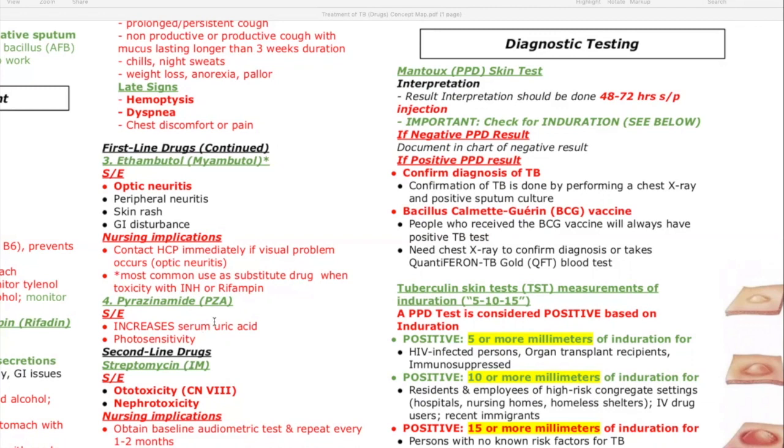The reason why HIV patients have a smaller threshold for the induration and the test being positive is because they have an anergic response.